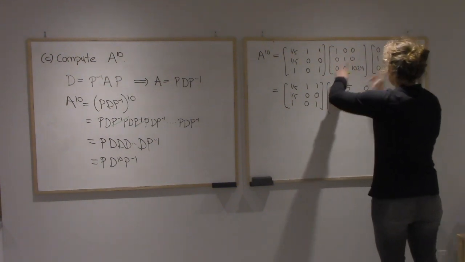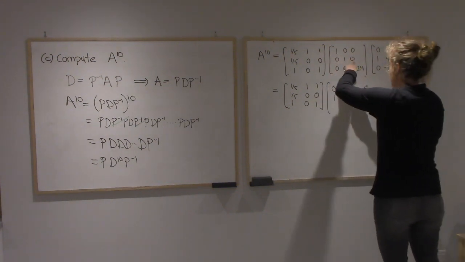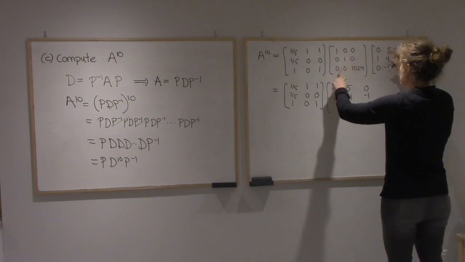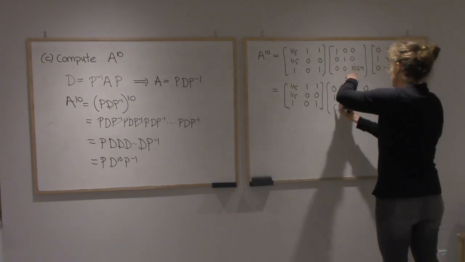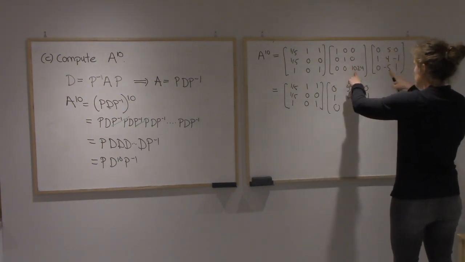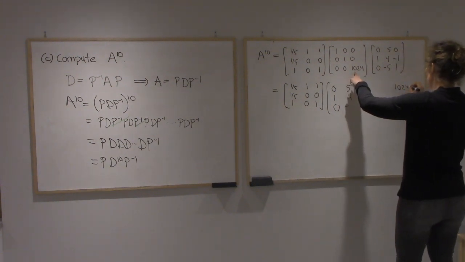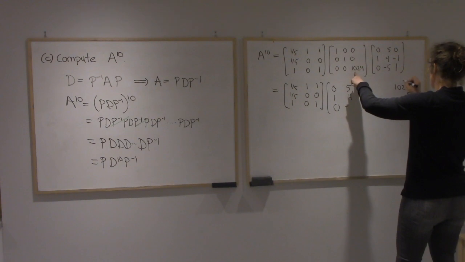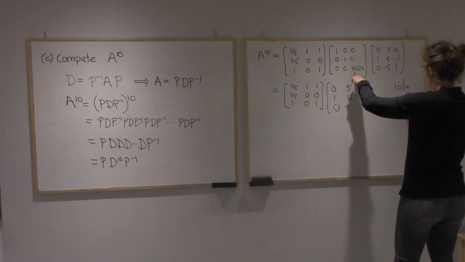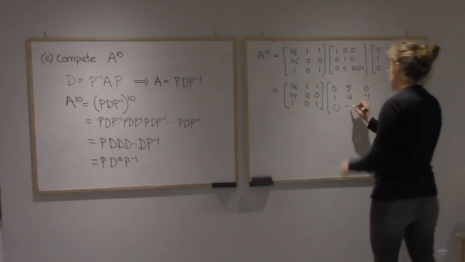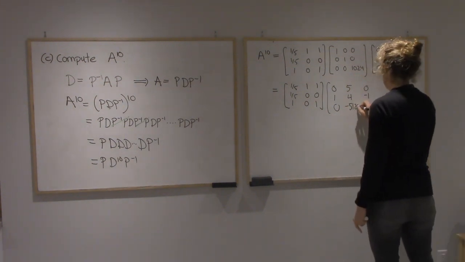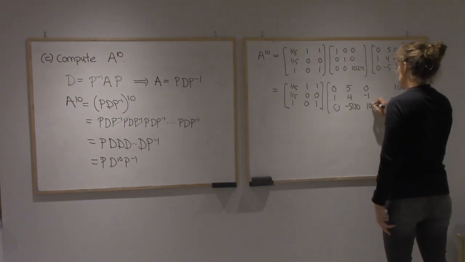I'm going to get 1, 4, and minus 1, 0. Now the only one that I have to actually compute is this one. I'll get 22, 10, 12, 1, 5. So I get minus 5,020 and then 1,024.